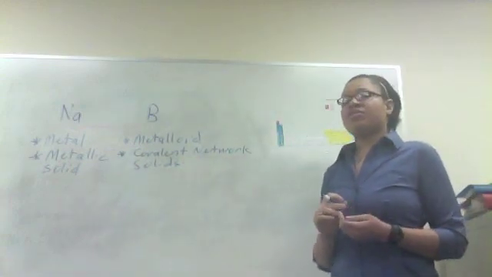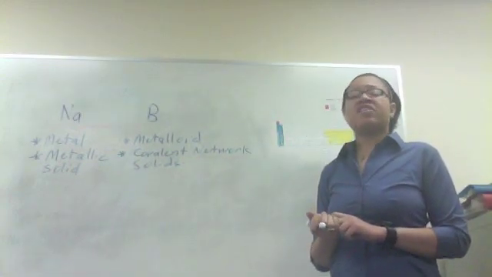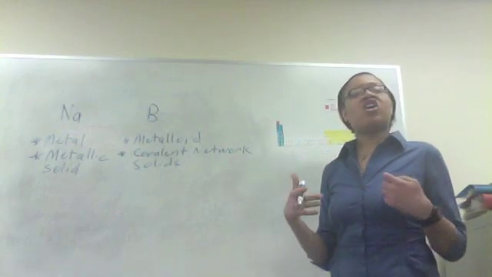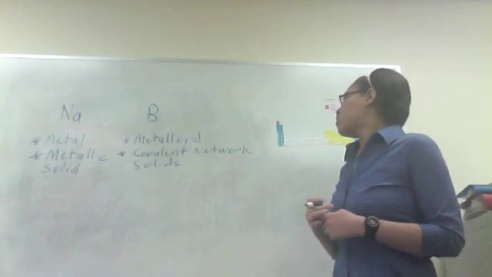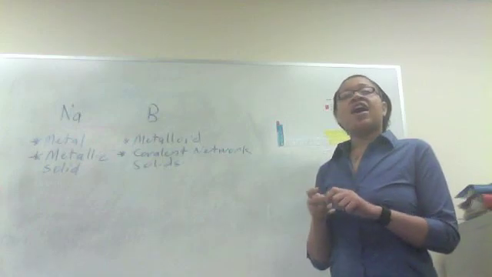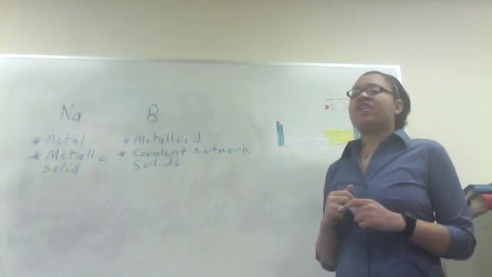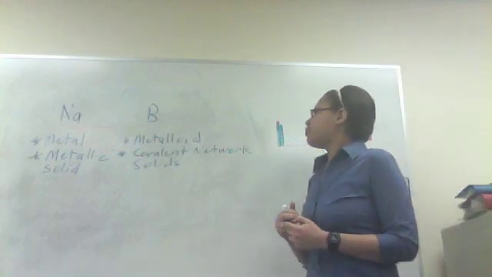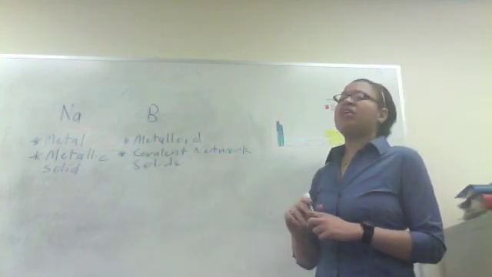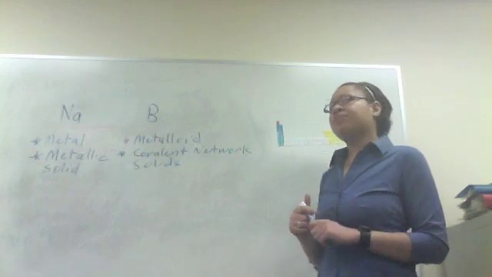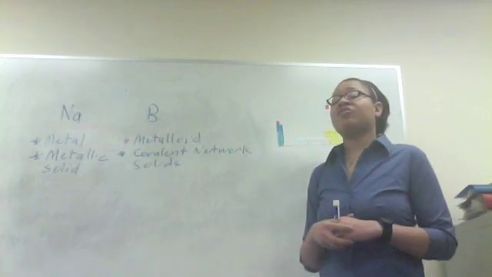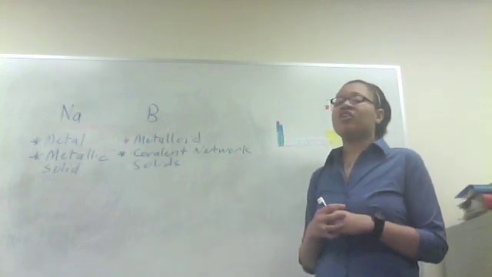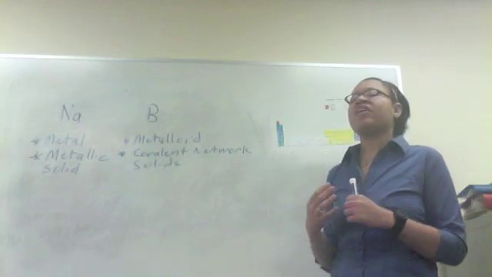Covalent network solids, just to remind you, are solids that are very big molecules, meaning that every atom in a covalent network solid is covalently bonded to another atom. So all metalloids plus carbon tend to form covalent network solids. You should be able to identify those as covalent network solids.